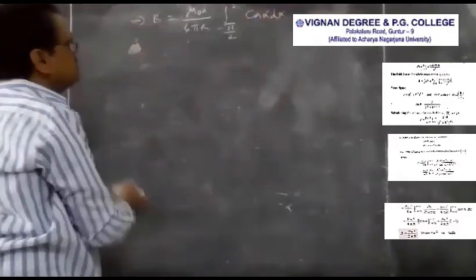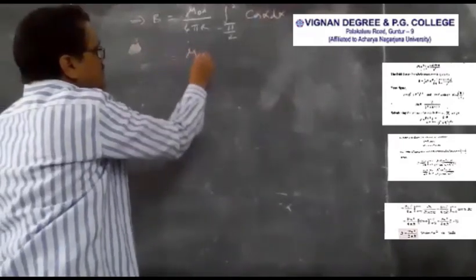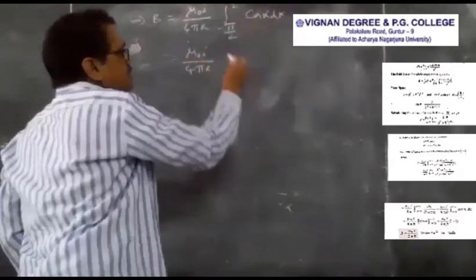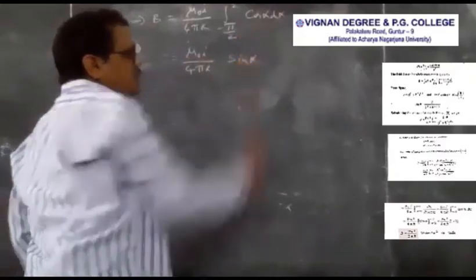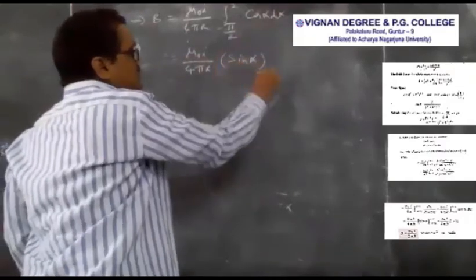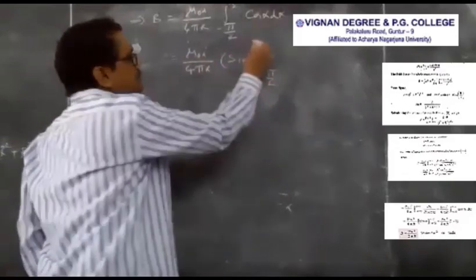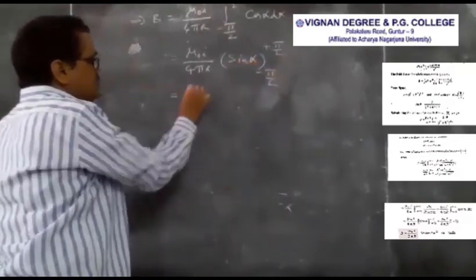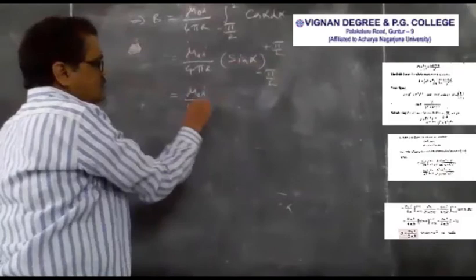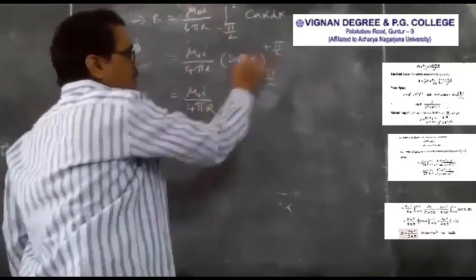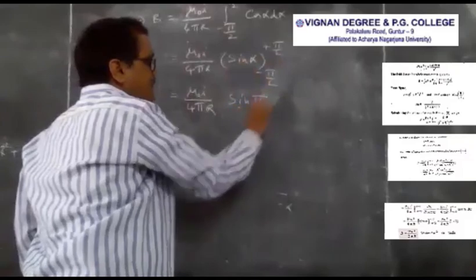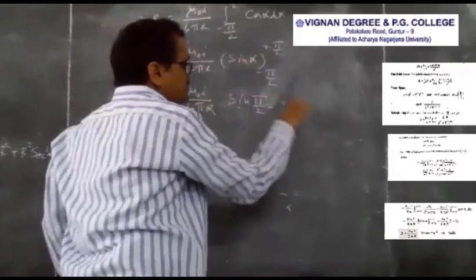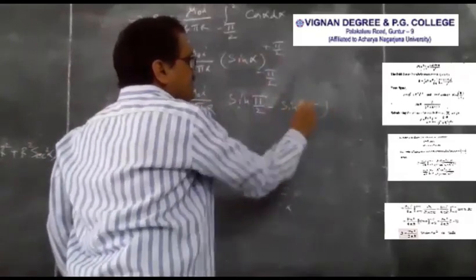Integral of cos alpha is sin alpha. mu naught I by 4 pi R, sin alpha, limits are minus pi by 2 to plus pi by 2. By substituting limits, upper limit sin pi by 2 minus lower limit sin of minus pi by 2.